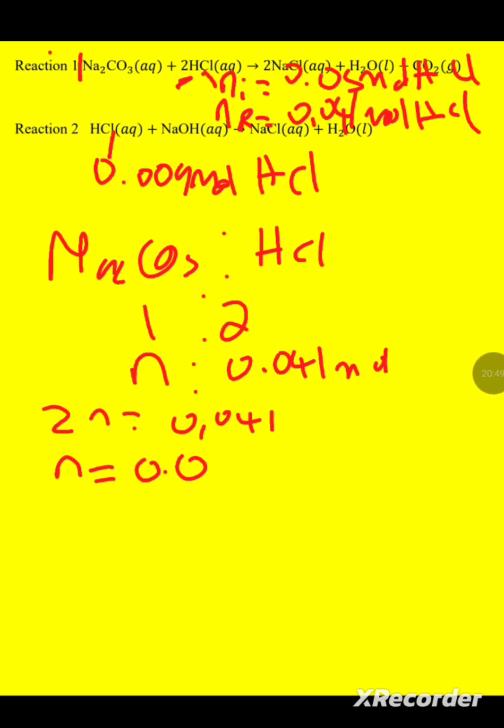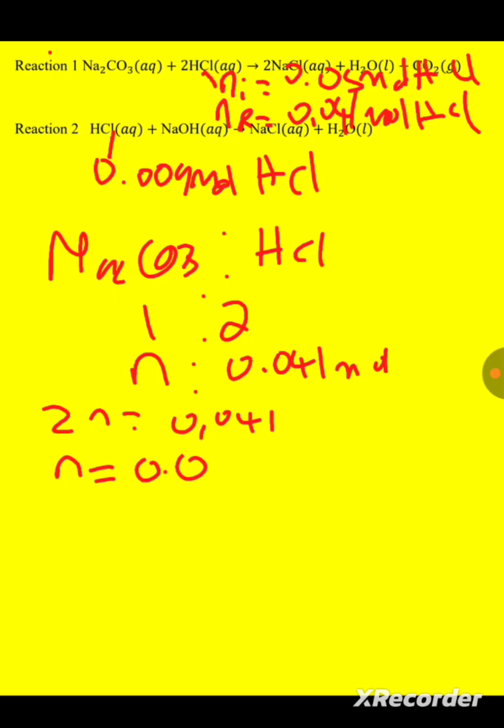Right, to get the ratio between these two, you get the ratio is 1:1, as indicated, right? So in front here is 2, in front here is 1, as we can see.